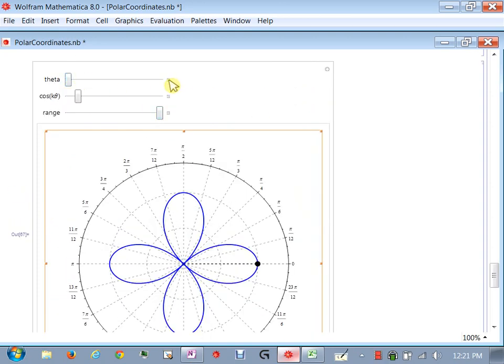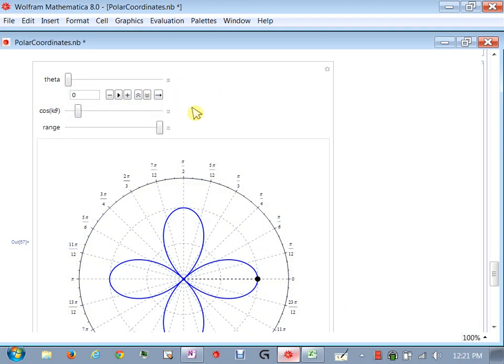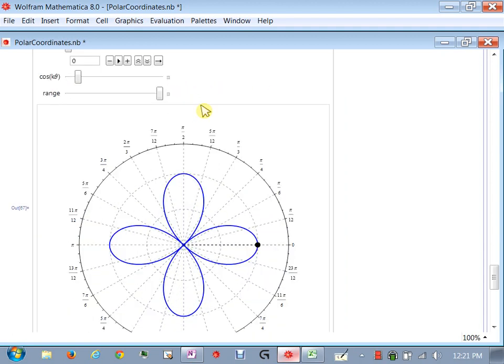What I'm trying to show you here is how it draws it. Because your instinct might be telling you that the way it's drawing it is going like this. Like that. That's what you may think. But remember, cosine is going to be negative at some points, right? So there.